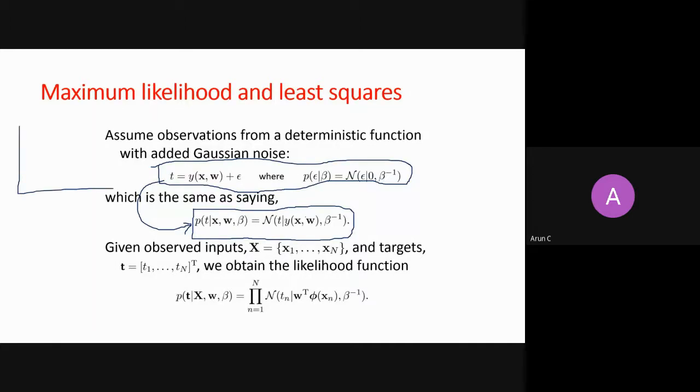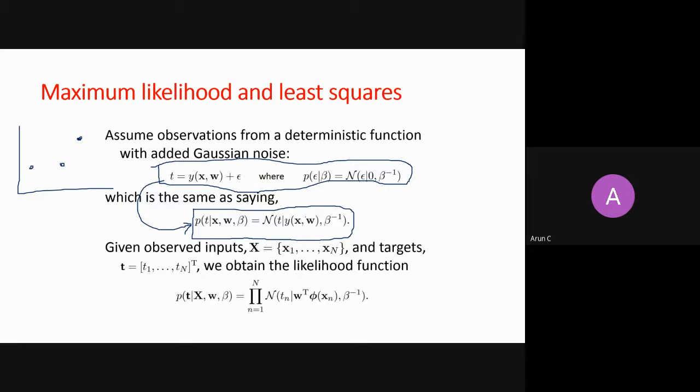So this is my data set. I assume this data set is generated from a line. I want to find out what that line is. To find a line, I need to find an intercept and a slope, and that intercept and slope are nothing but the parameter w, which is a vector of the form w0, w1. So in short, I want to find the w vector.